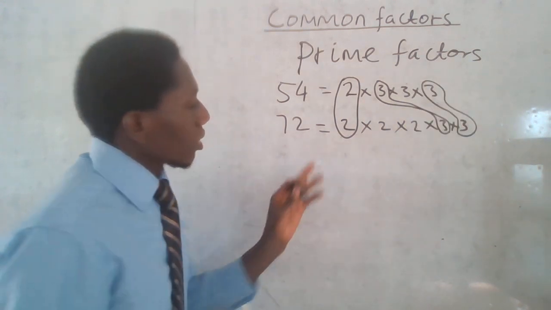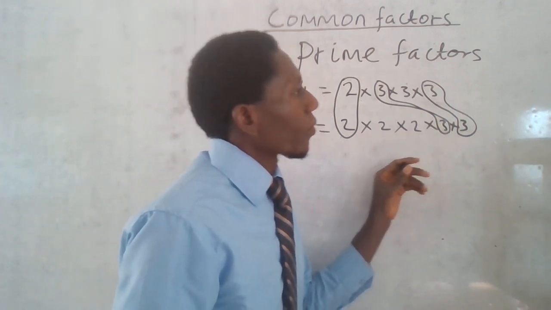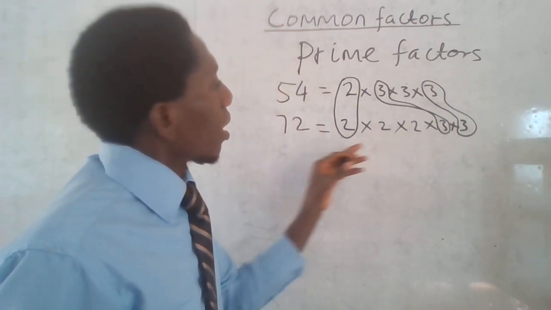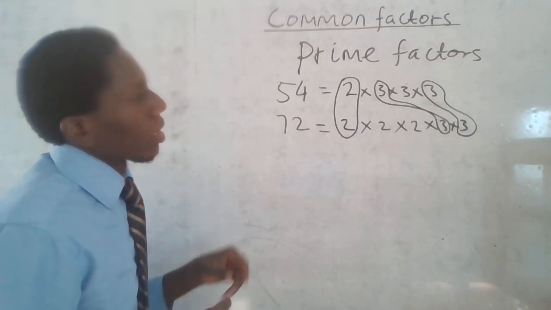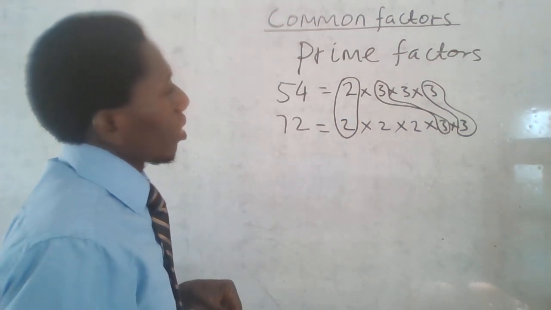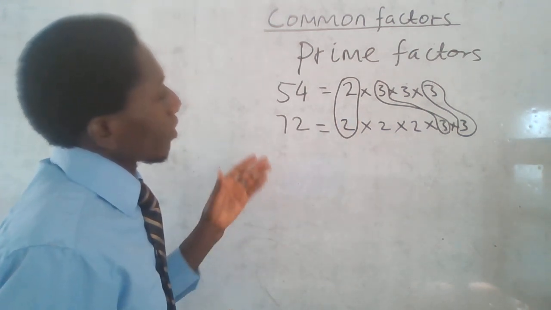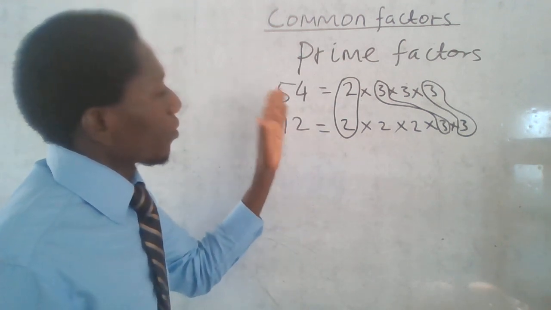So that means 2 and 3 are the common factors of 54 and 72.